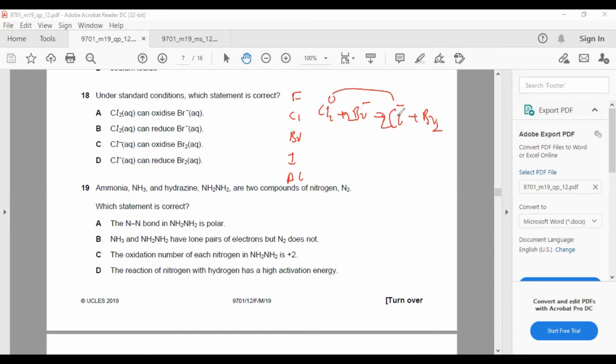Chlorine goes from 0 to minus 1, reduced, and bromide goes from minus 1 to 0, oxidized. Bromide was oxidized by chlorine. Got it?